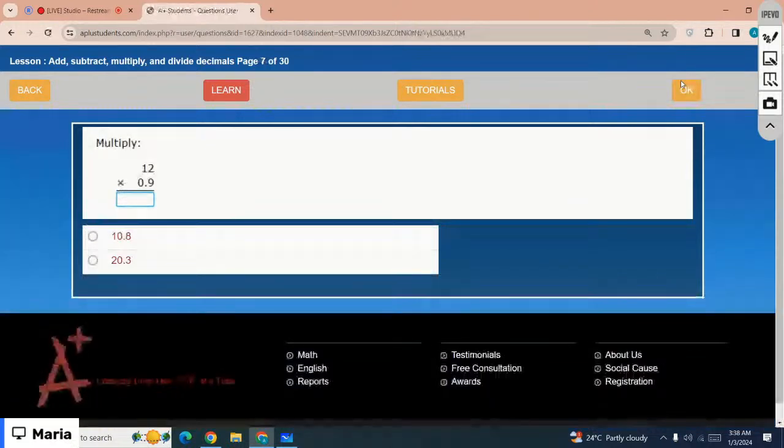Okay, multiply 12 times 0.9, which is the correct option? The correct option is, yes, that is option number 2, 10.8 it is, right?